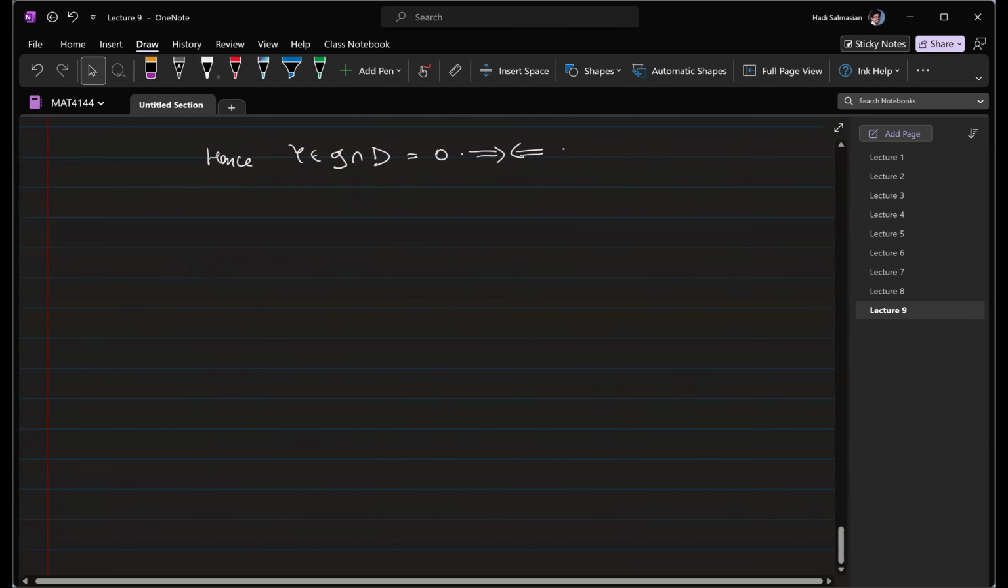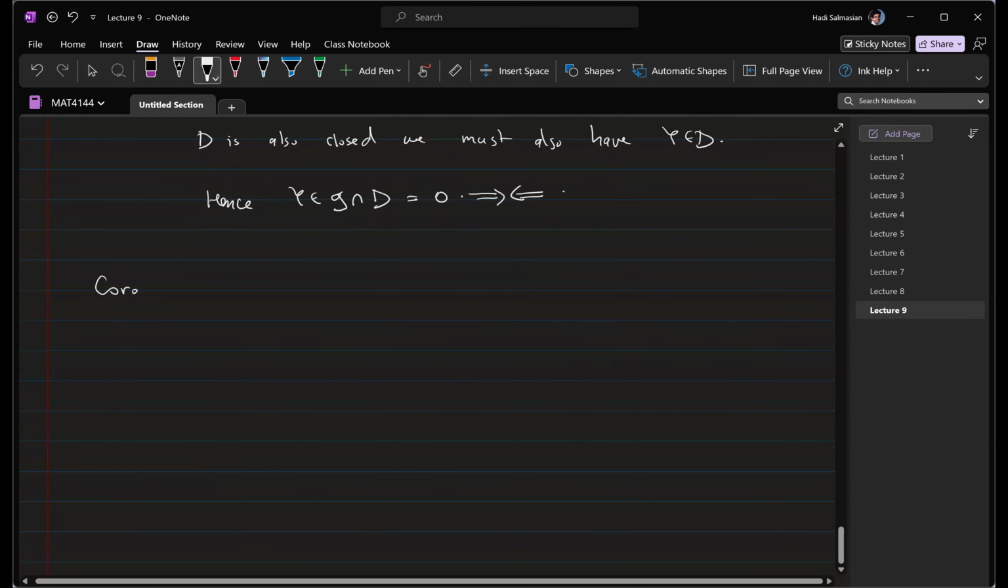It's like a qualitative statement of the same theorem. Okay, so the corollary is: let G be a matrix Lie group, and let the Lie algebra be little g.